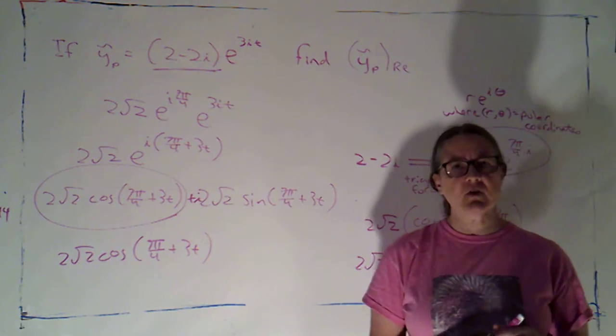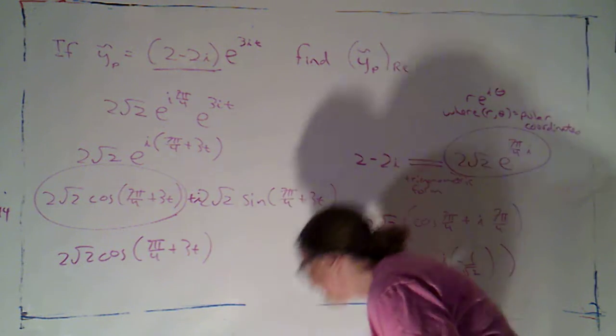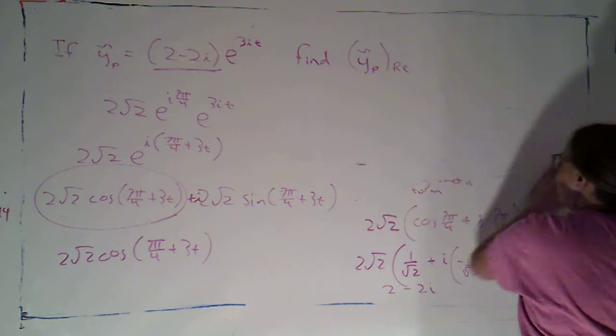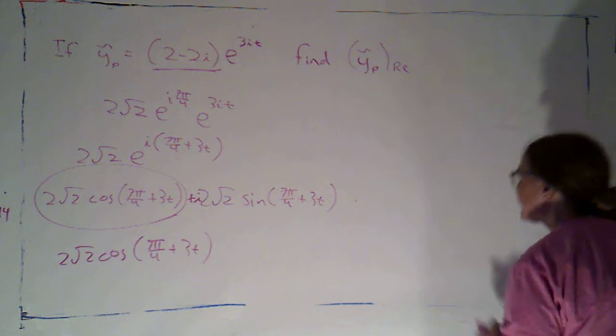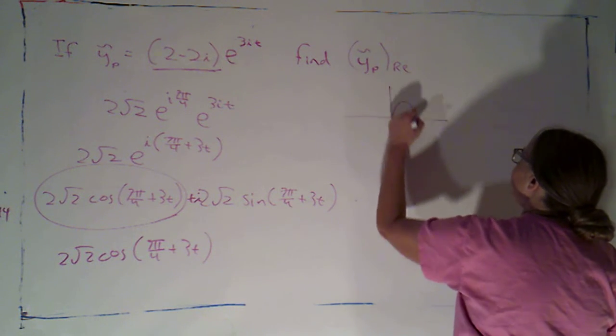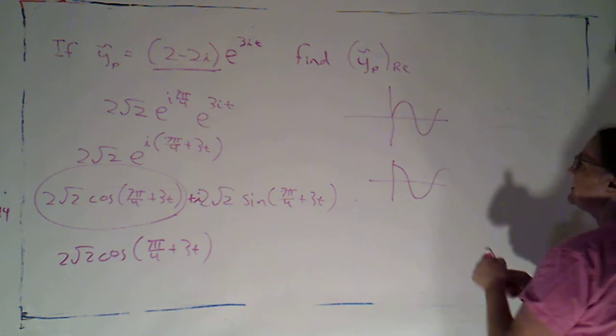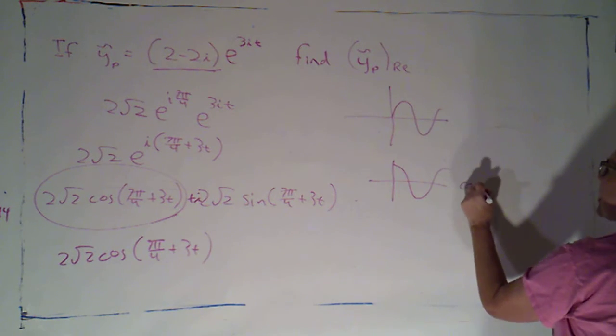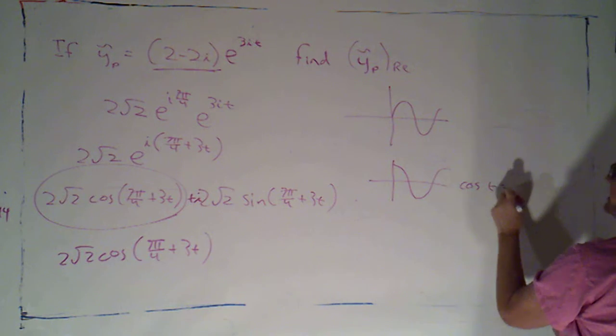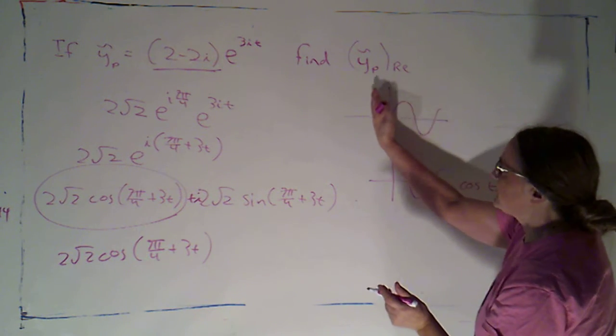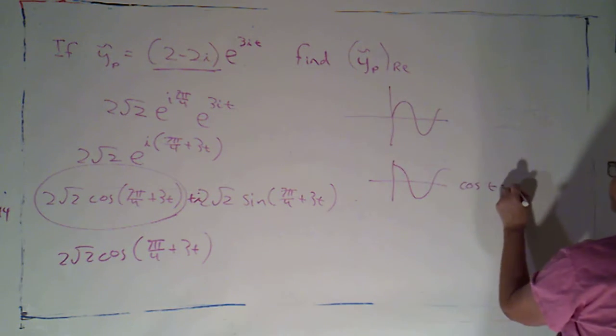I could just use some trig identities because I essentially know, if I compare my graphs, this is sine and this is cosine. So I can view cosine of t as just being the sine graph shifted pi over 2 to the left.